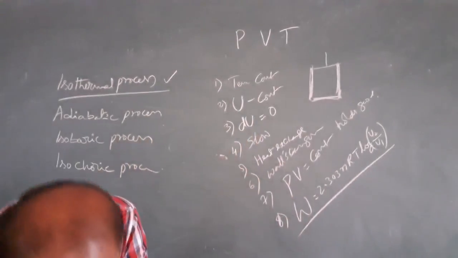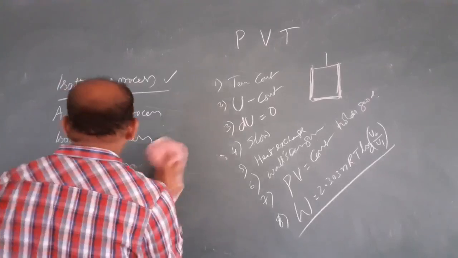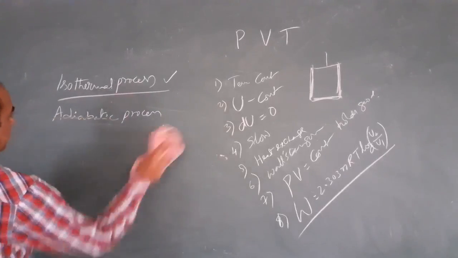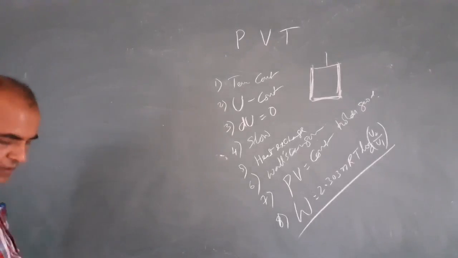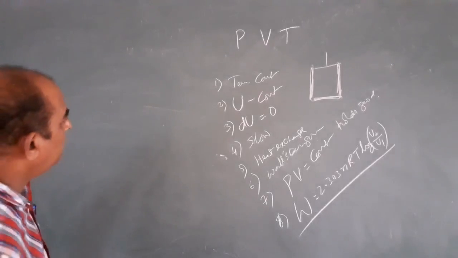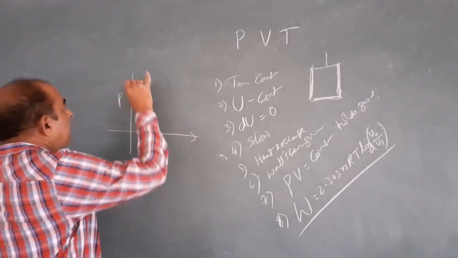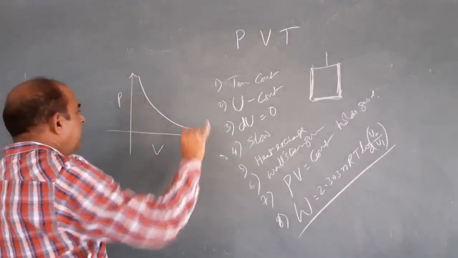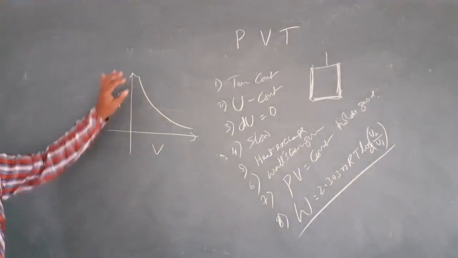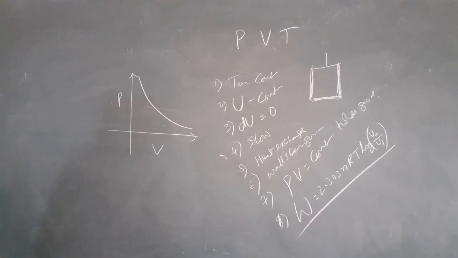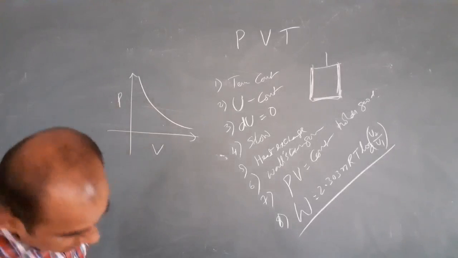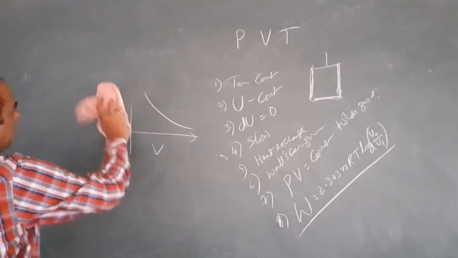And if you plot the PV graph, we get a graph that is inversely proportional. This is called the isothermal curve.